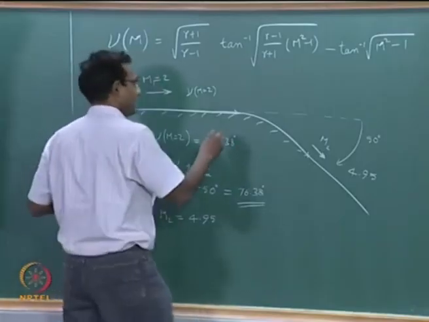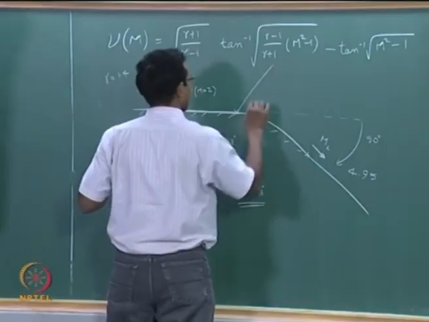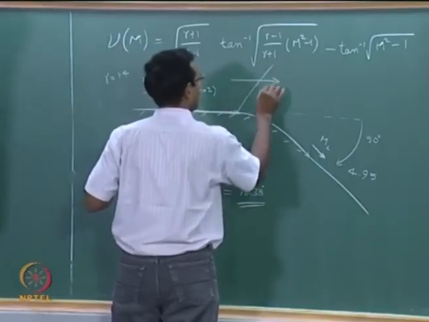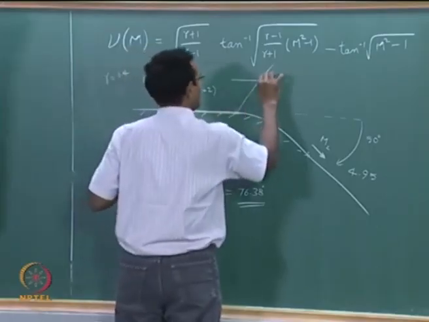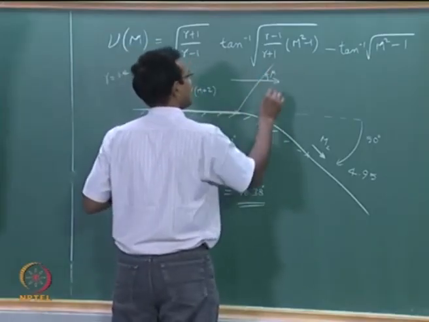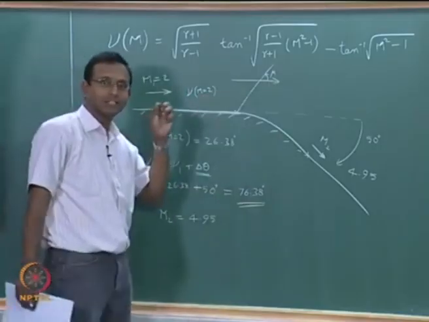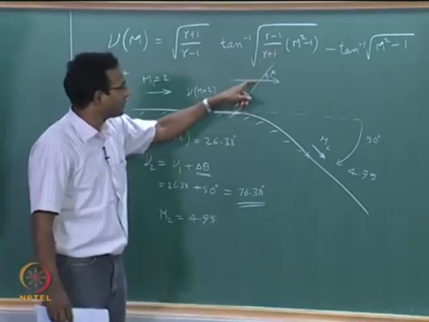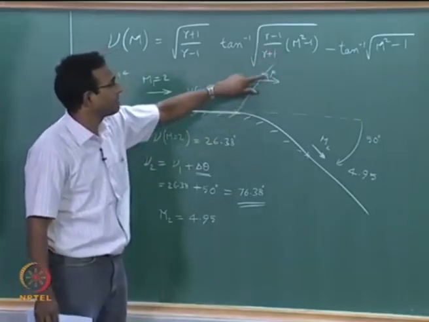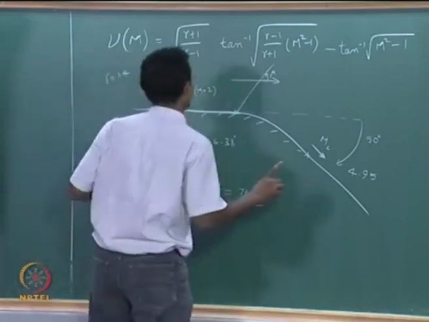Now I have to say that the very first wave will be at an angle with respect to the local streamline direction such that this will be equal to mu locally. Why? The expansion fan, each individual wave travels at the speed of sound locally. So with respect to that local velocity vector, it is going to have that mu value. Remember that it is always the local velocity vector, local Mach number.